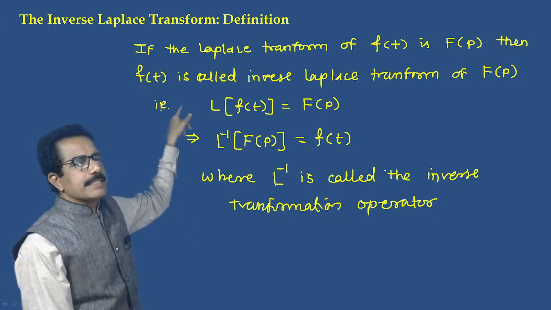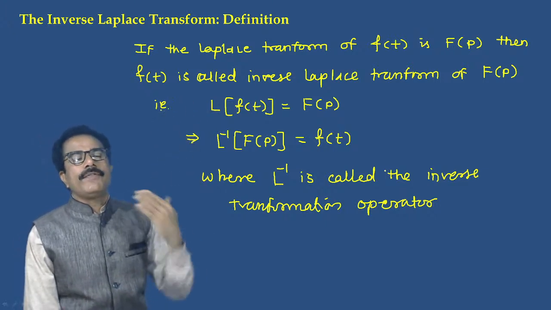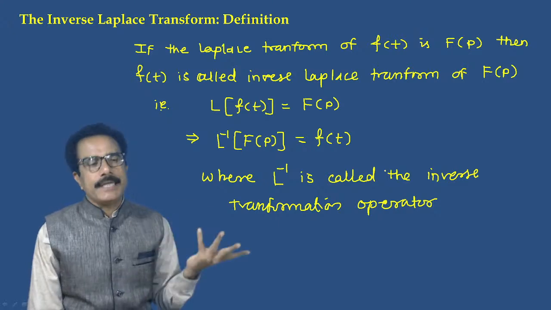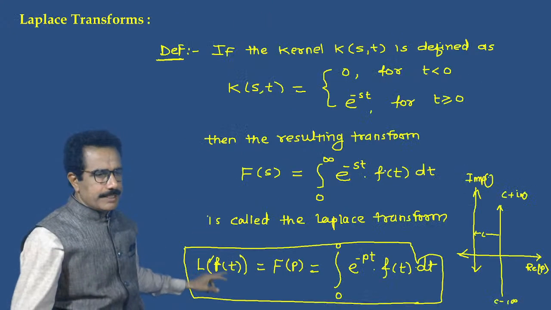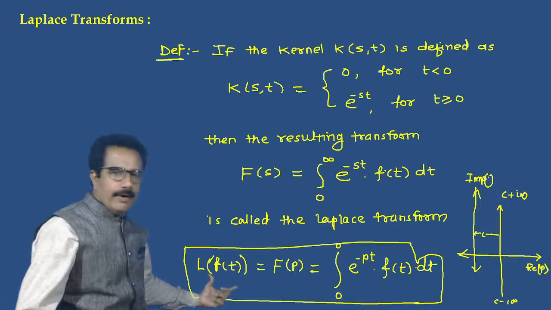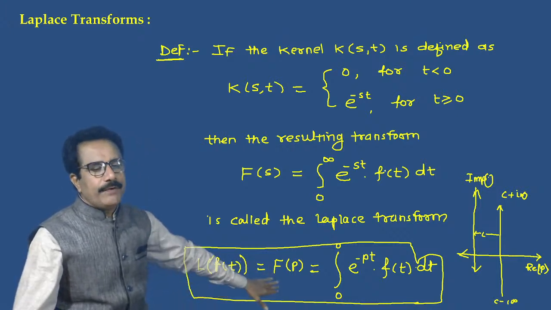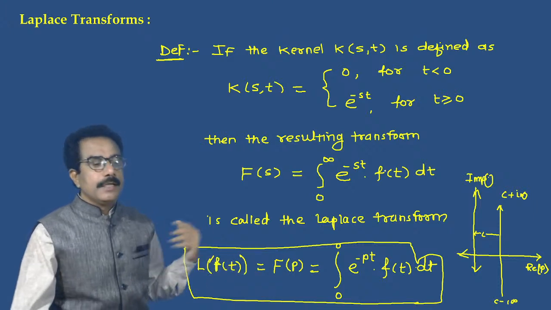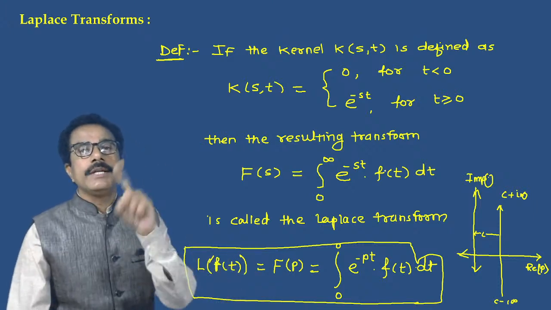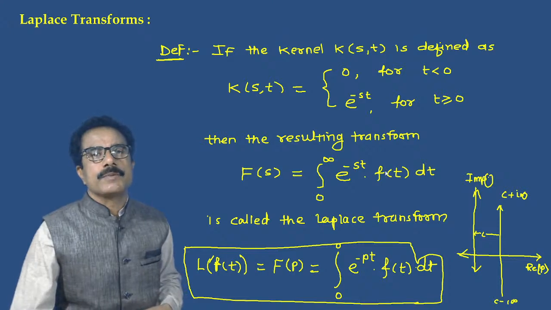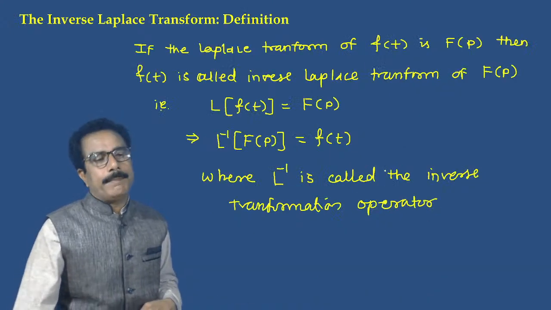If the Laplace transform of small f of t is capital F of p, according to the definition, then small f of t is called the inverse Laplace transform of capital F of p.